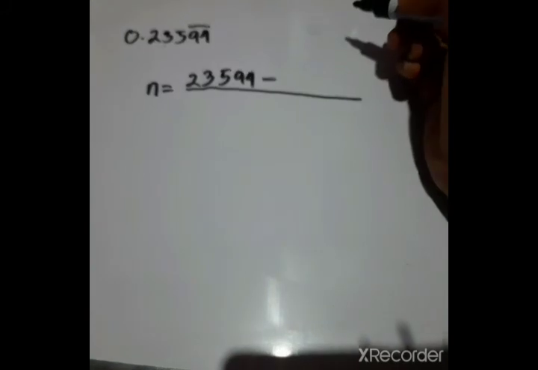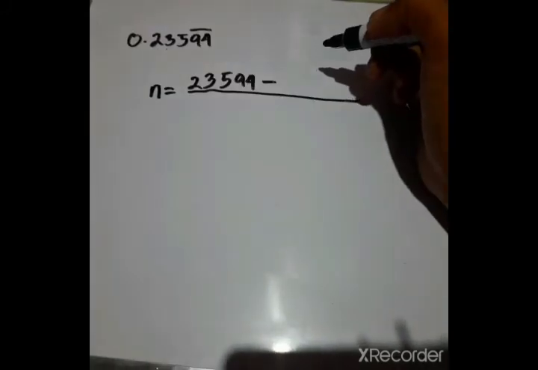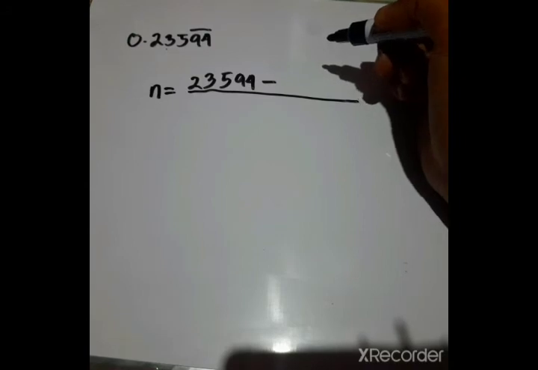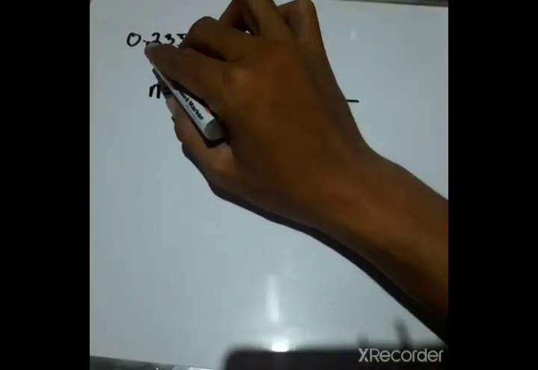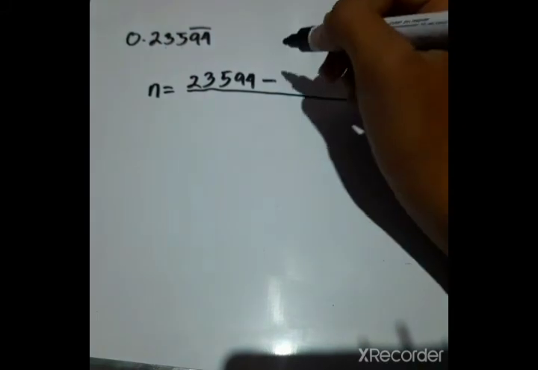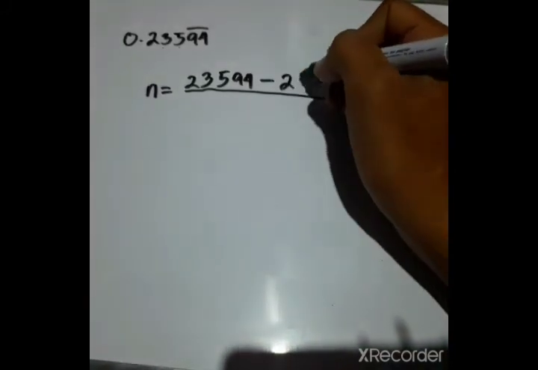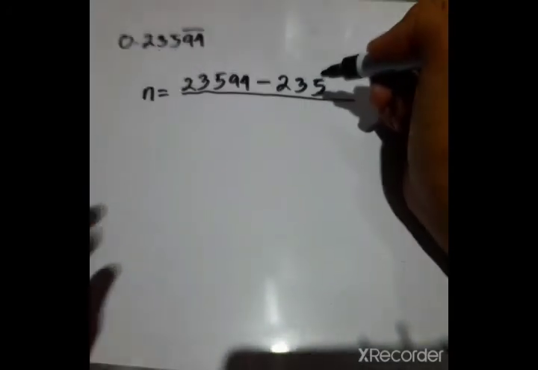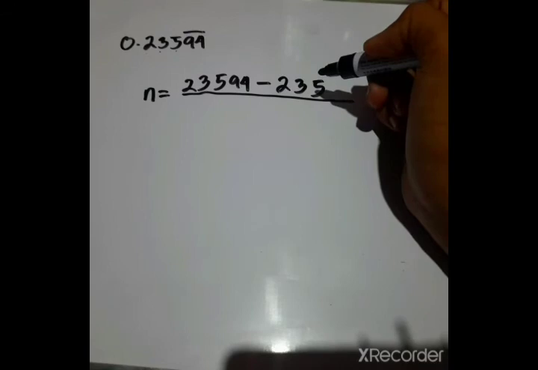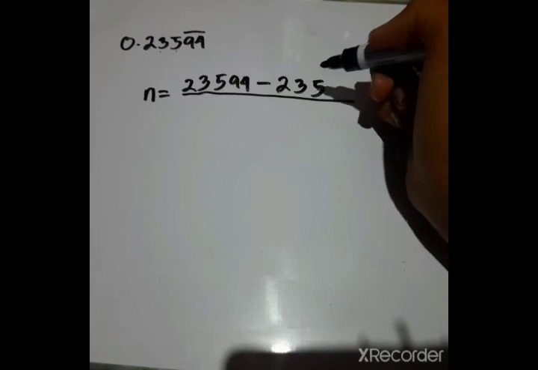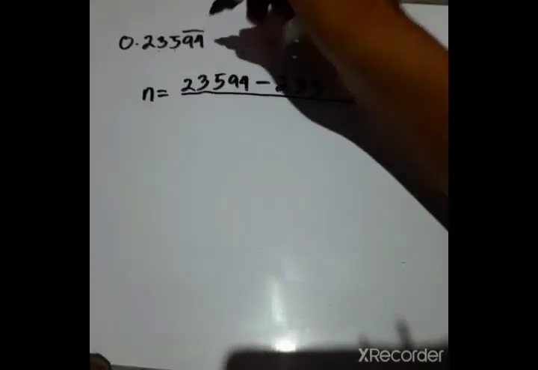Minus the non-repeating terms. Do you know what the non-repeating terms are? Yes, they are 2, 3, 5, because they do not have the vinculum on top. So 2, 3, 5. And then below, let's have the number of 9s. How many repeating terms are there? We have 2, because we have 9 and 4.